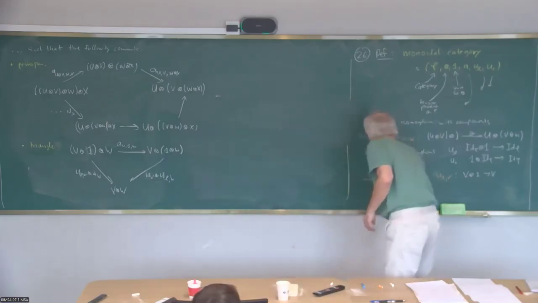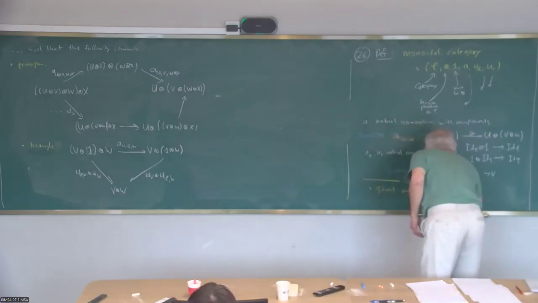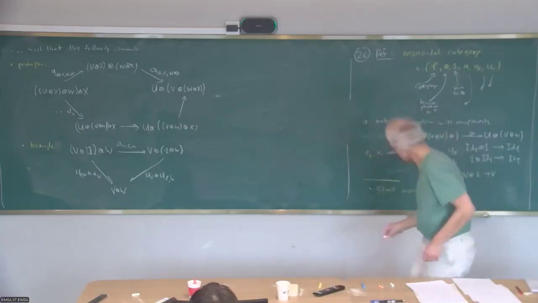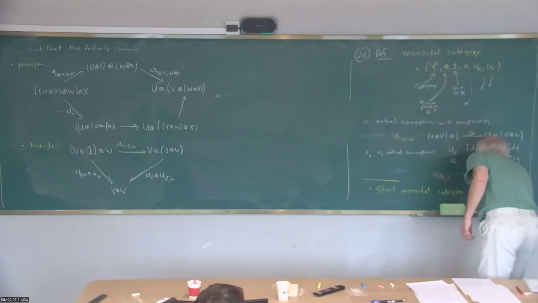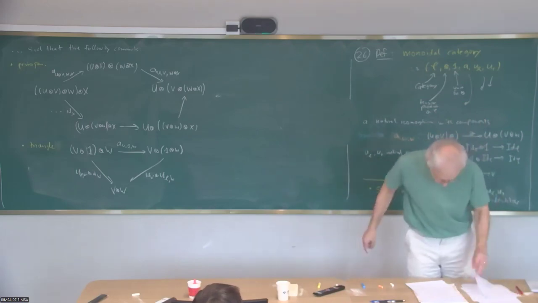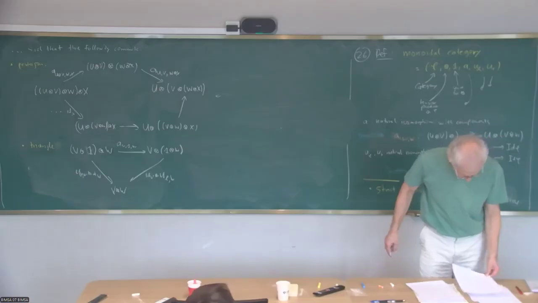And the second part of the definition here, we say we have a strict monoidal category if A, UL, and UR, all components are identity morphisms. And there are two reasons for looking at this particular case.